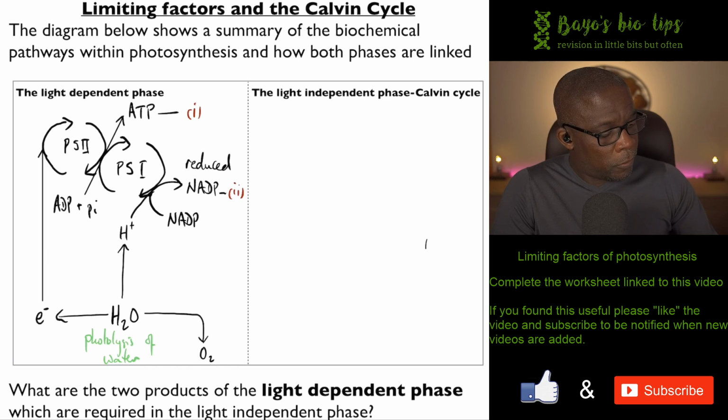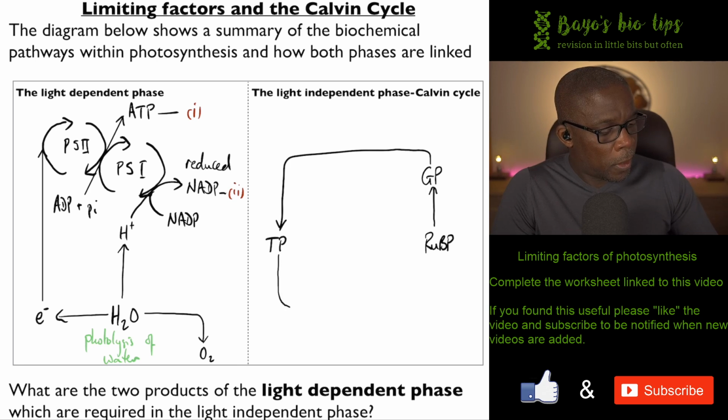We'll start off with RuBP, which is short for ribulose bisphosphate, which then goes to GP, which is short for glycerate phosphate, and then that goes down to TP, which is short for triose phosphate, and then RuBP can be regenerated. This is also known as the Calvin cycle.